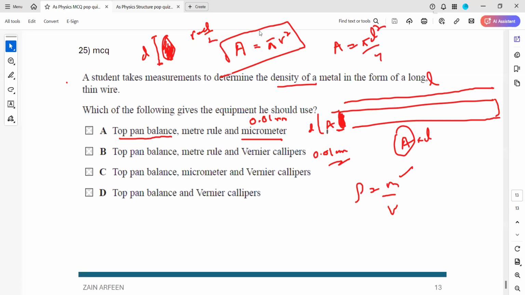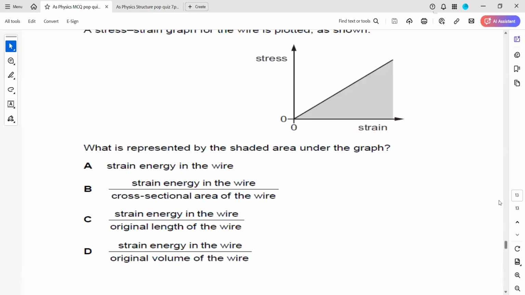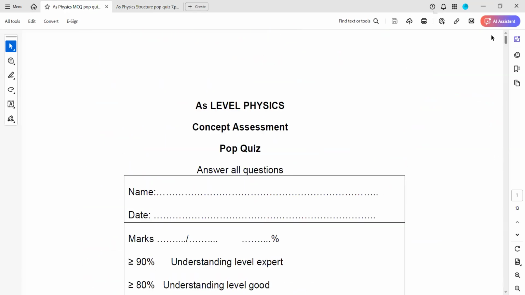The volume is not the diameter times length, it is area times length. But for that, you need a diameter or the radius. So area cannot be directly measured. You have to work out either the diameter or radius to know the area.